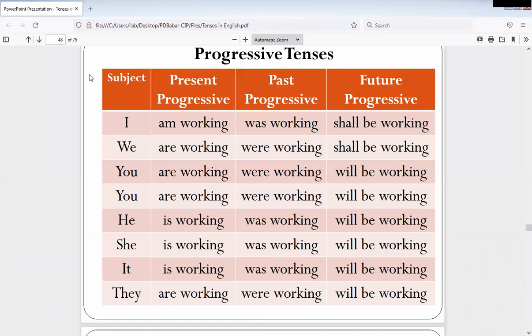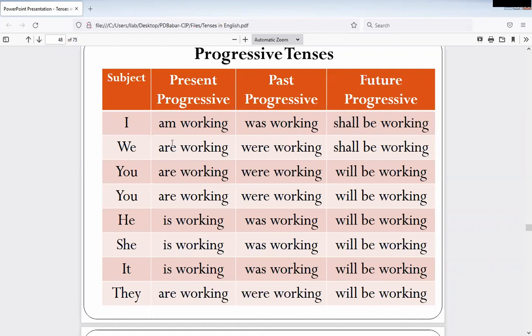These are the subjects, or we can say pronouns used as subjects. And the other columns have the verb structure for each progressive tense.